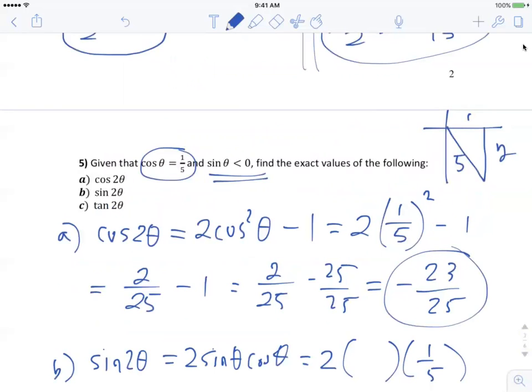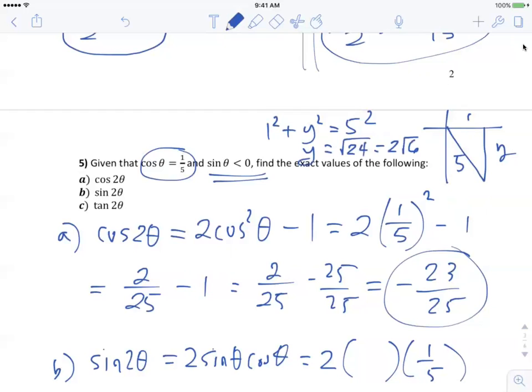That's the Pythagorean theorem. So 1 squared plus, this is just some margin work here. If you solve that, you're going to get 25 minus 1, square root 24, which actually can reduce because 24 is 4 times 6. You can take the square root of 4, which is 2. So that's 2 root 6.